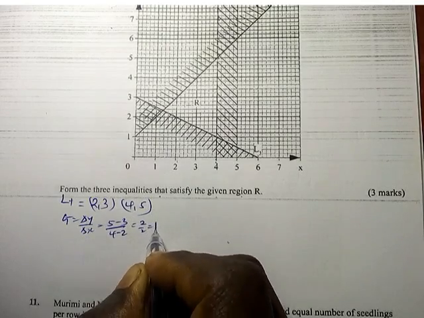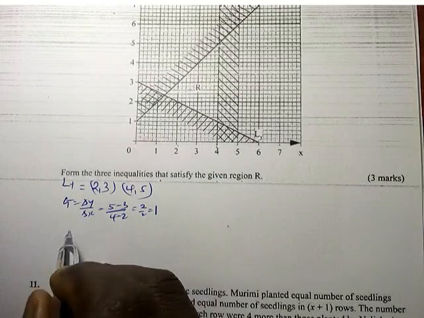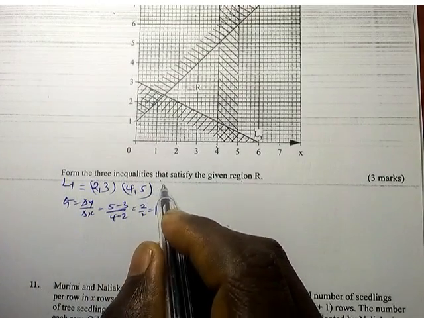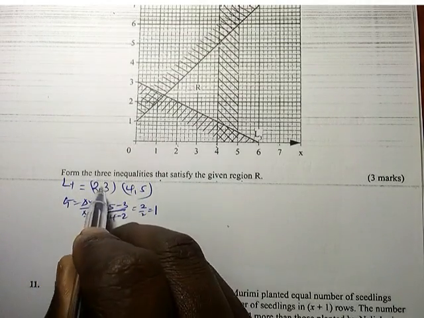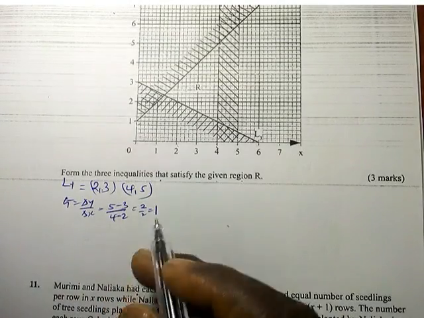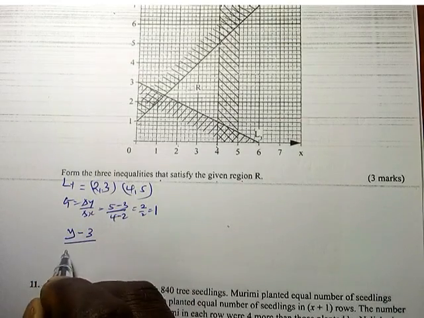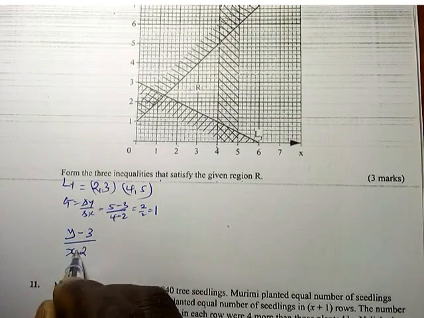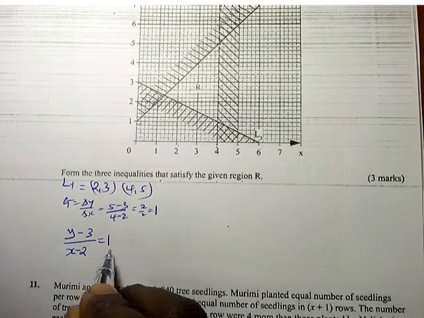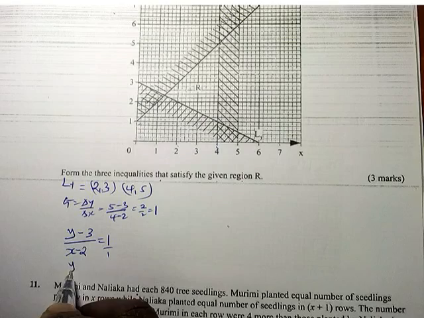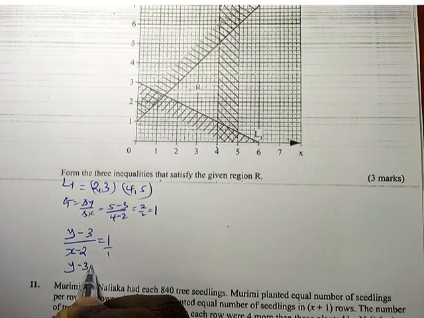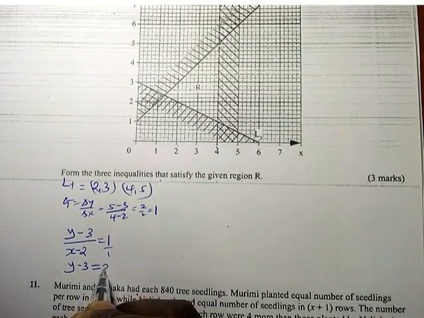The gradient is 1. Having gotten the gradient, now I take the general point x, y, and one point here, and I will form the equation. So y minus 3 over x minus 2 equals the gradient, 1. So over 1, cross multiply: y minus 3 equals x minus 2.